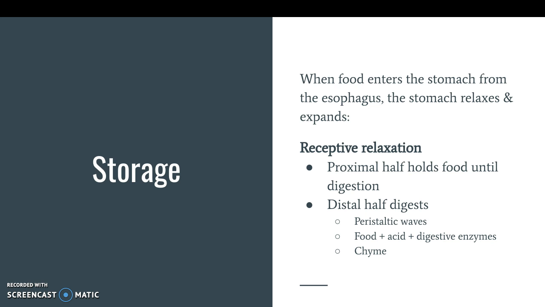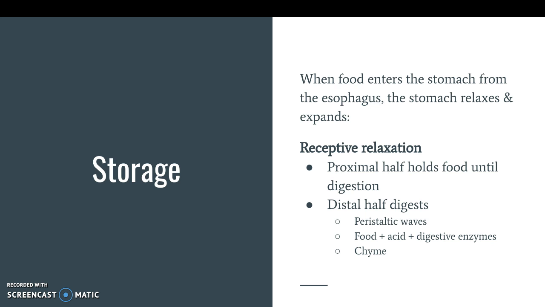And the proximal half actually holds the food until digestion, and this is allowed by receptive relaxation, which is the distension of the stomach. And the distal half actually does the digestion, which occurs in peristaltic waves, which are involuntary movements that create wave-like contractions to move food along its path and digest it further.